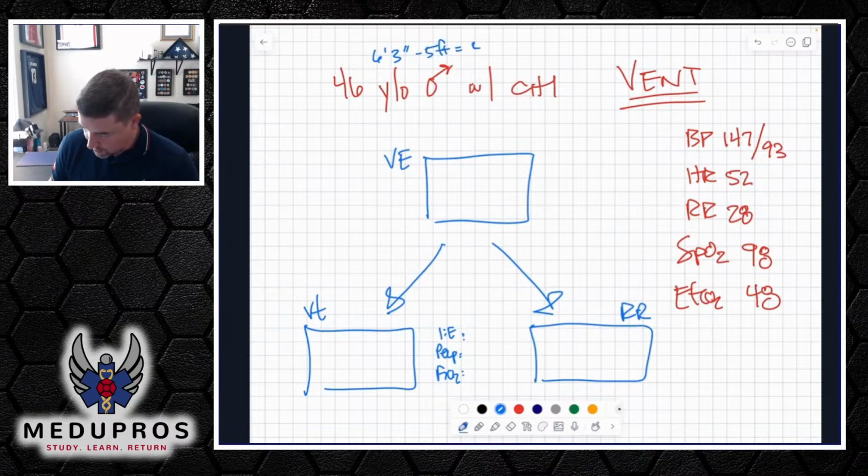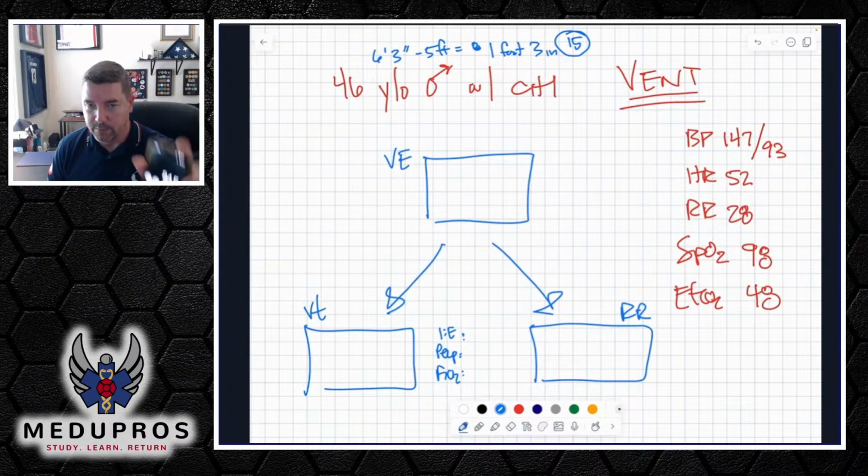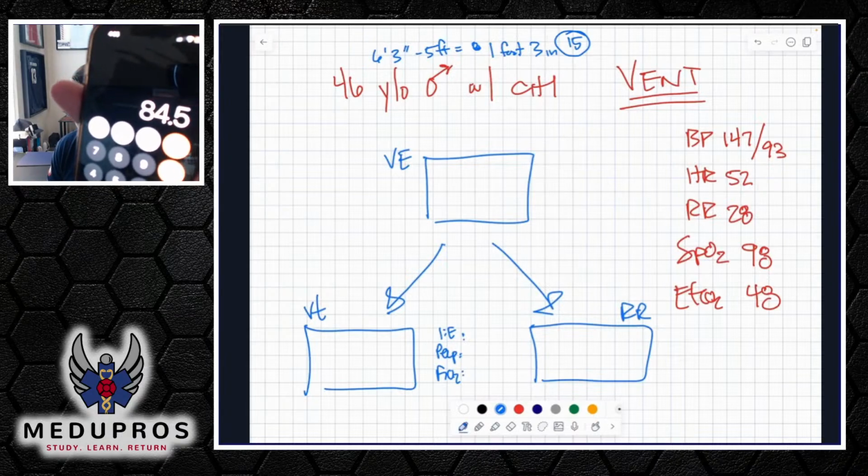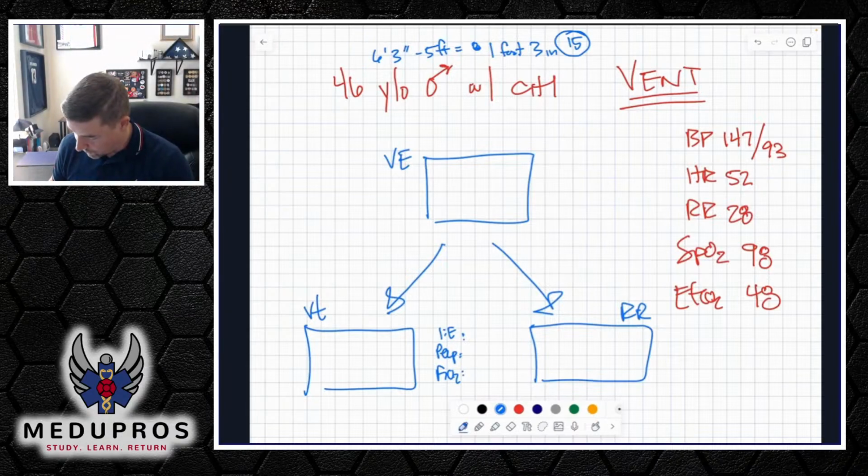That leaves 1 foot 3 inches. 1 foot is 12 inches, so 12 plus 3 is 15 inches. That's what we put into the Devine formula. 15 times 2.3, and then male, so plus 50, and that gets us 84.5. So 84.5 is ideal body weight.